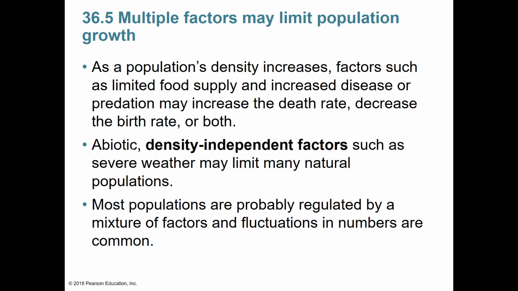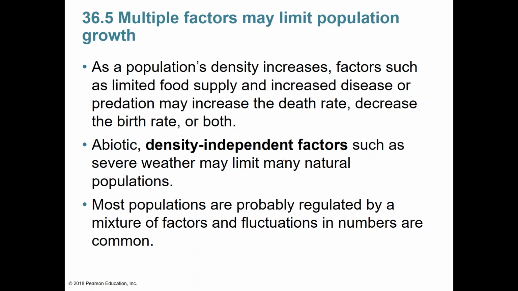But there can also be density-independent factors, so outside influences like a catastrophic weather event or a volcano eruption, things that are not dependent upon how many individuals there are, but can still affect a population size.